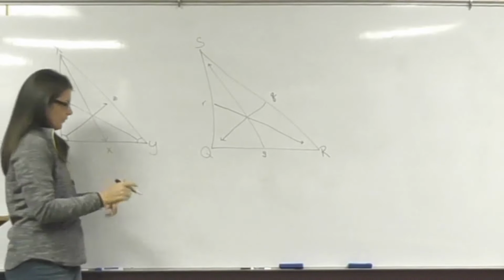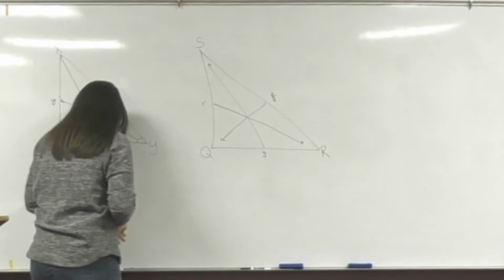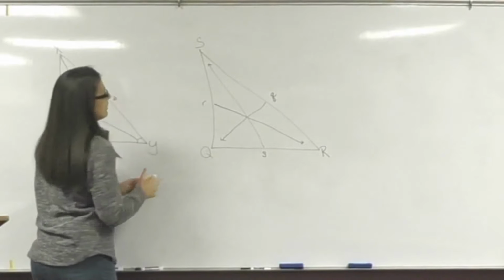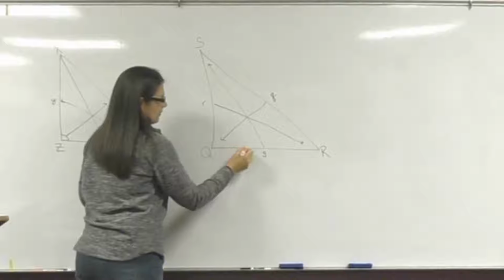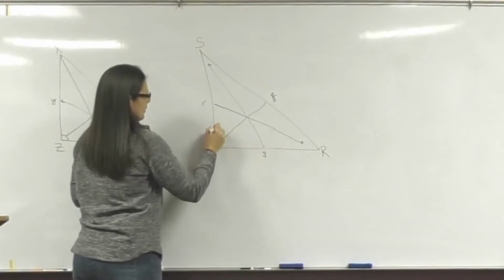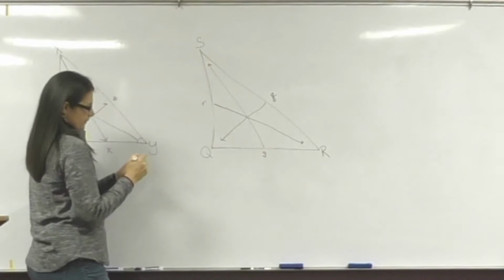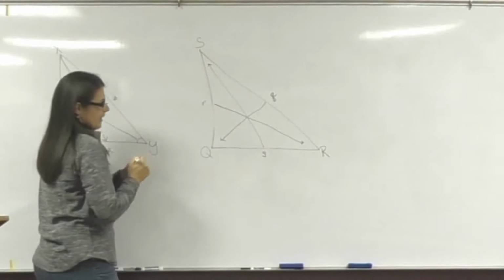So you can see, like if we took angle Q, for instance, this is angle Q. So the side opposite, what we're going to name as Q, is the side that is no part of this angle.